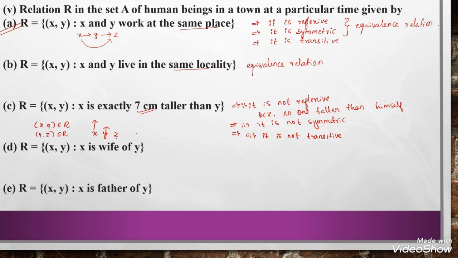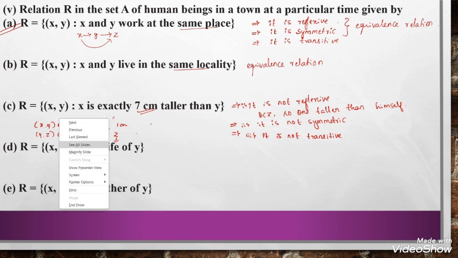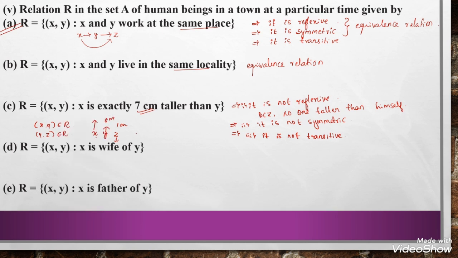If I consider z as 1 centimeter, then y becomes 1 plus 7, it is 8 centimeter. Again, while considering x, x is exactly 7 centimeter taller than y. Of course, y has 8 centimeter. 8 plus 7, it becomes 15 centimeter.